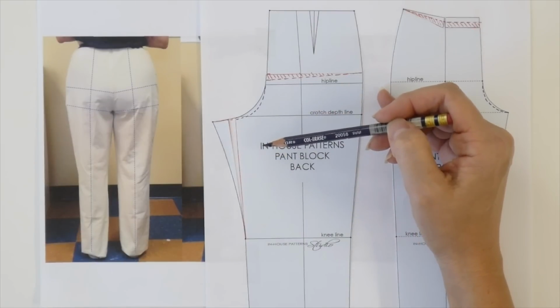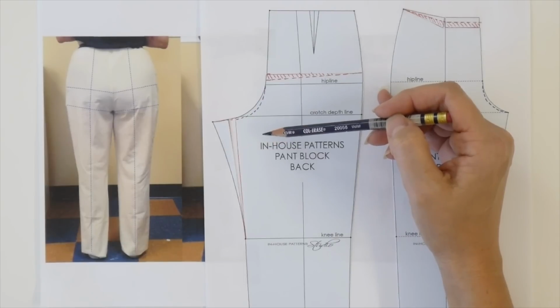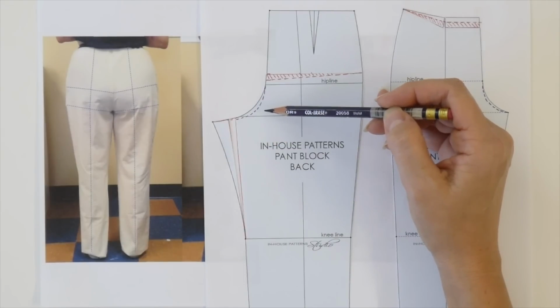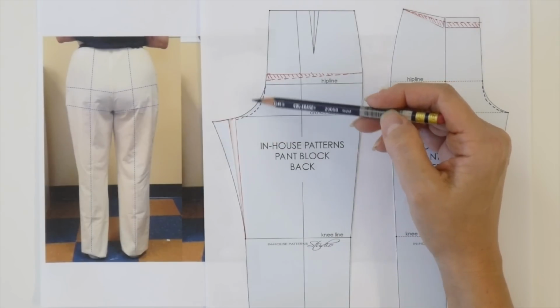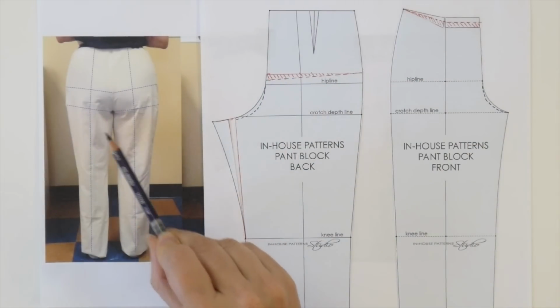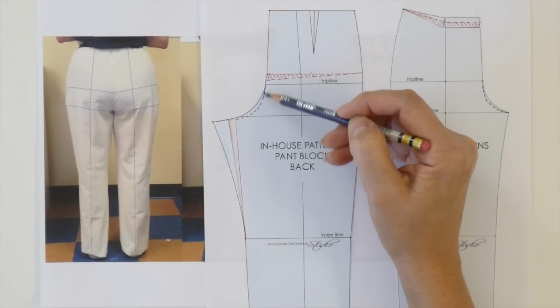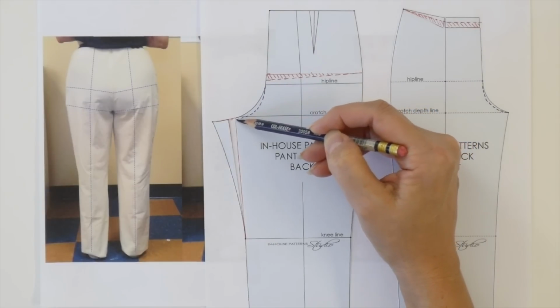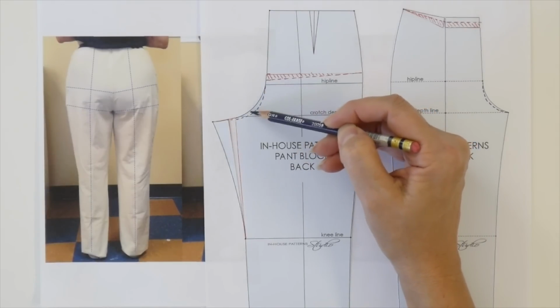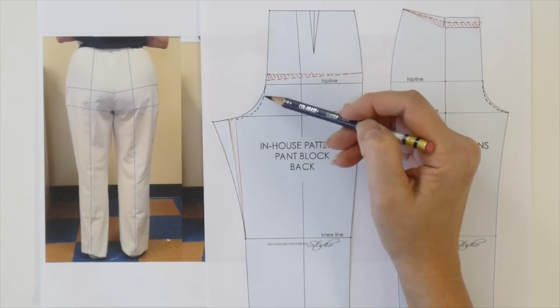So this is how you want to try and level out the hip line. Now, as I mentioned, the additional measurement problem that we have is that there is some excess fabric showing here at the crotch curve. So what you're going to do to eliminate that excess fabric is scoop this part out. All you're doing is removing some of this excess fabric.